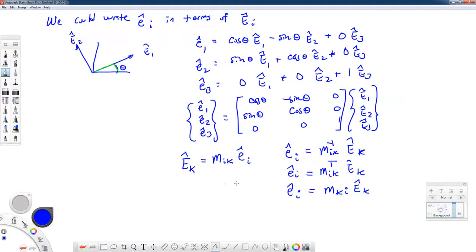So we can write the new in terms of the old, or we can write the old in terms of the new by using these different ways that we've written this transformation matrix. Now, we've talked a lot about final configurations and initial configurations. These coordinate systems don't have anything to do with that at this moment.